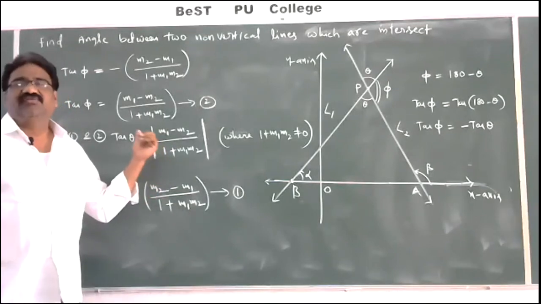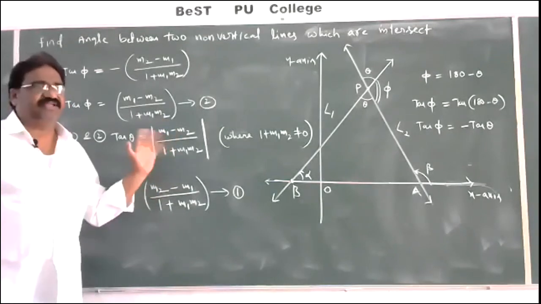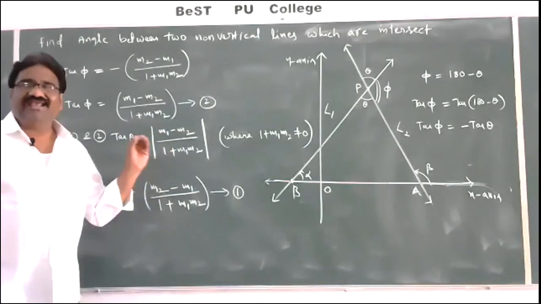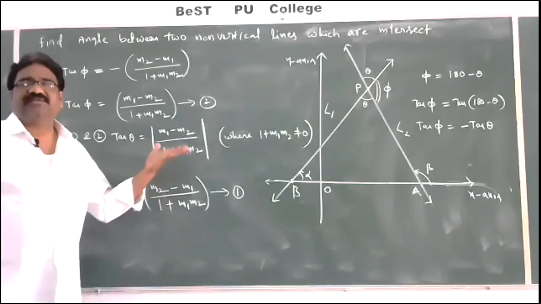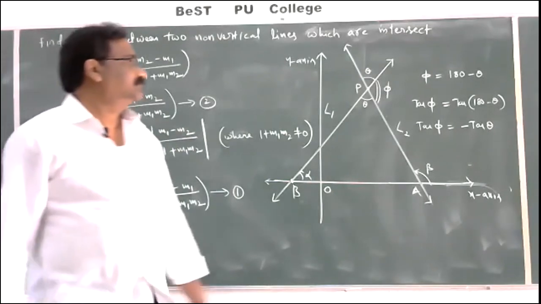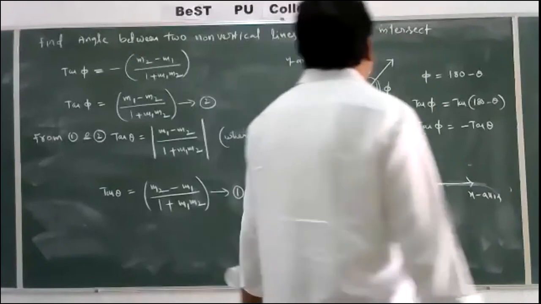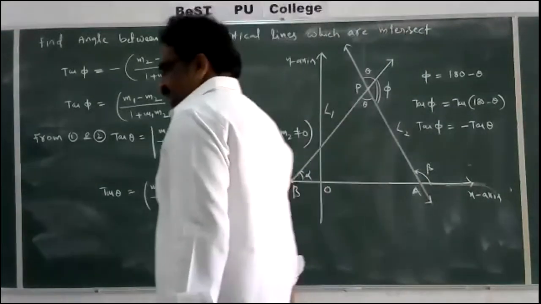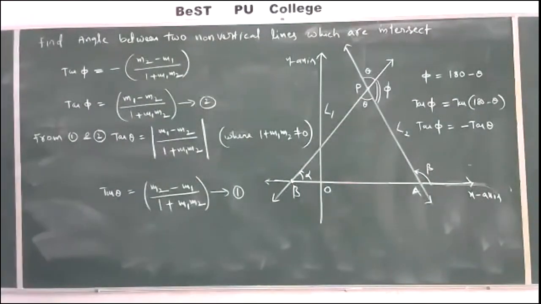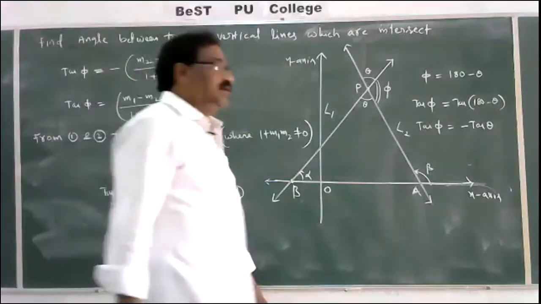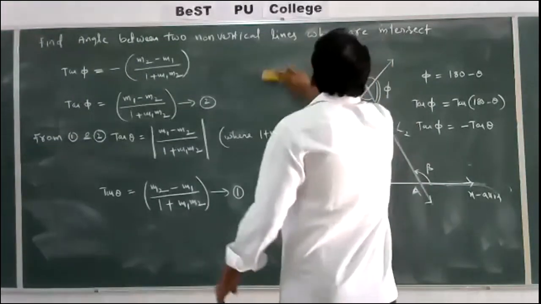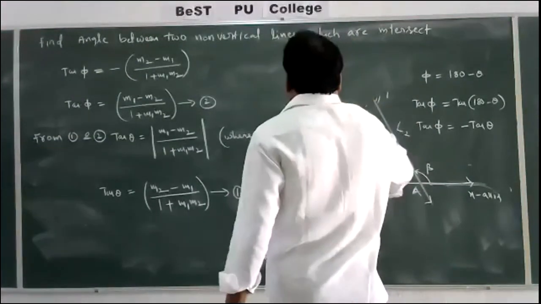You substitute here 5 minus 3 or 3 minus 5, like that. If we require the acute angle, you make plus. If you require the obtuse angle, you make minus. That's the angle between the two lines. Very, very important theorem in PUC first year.